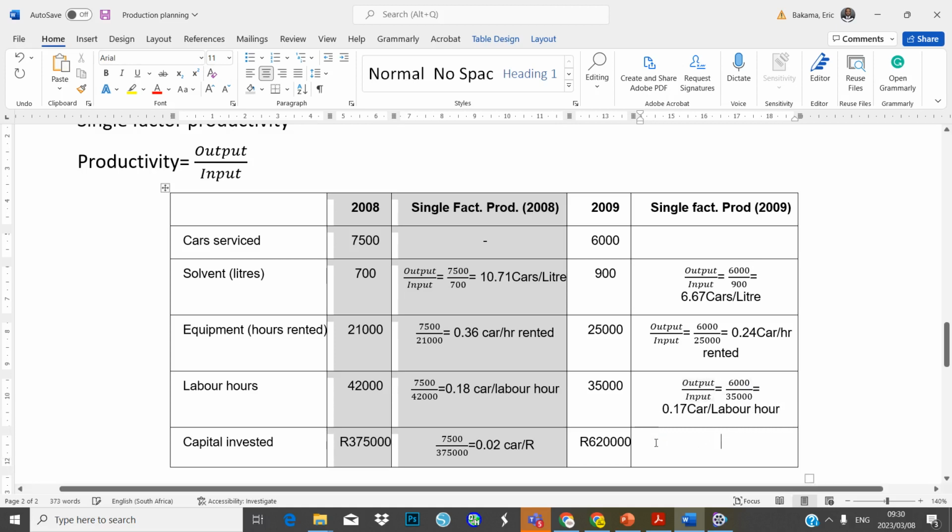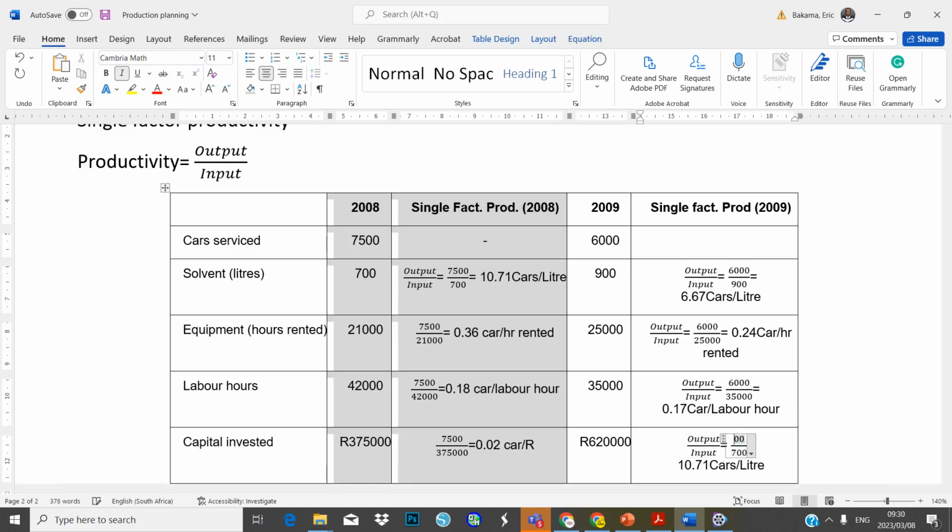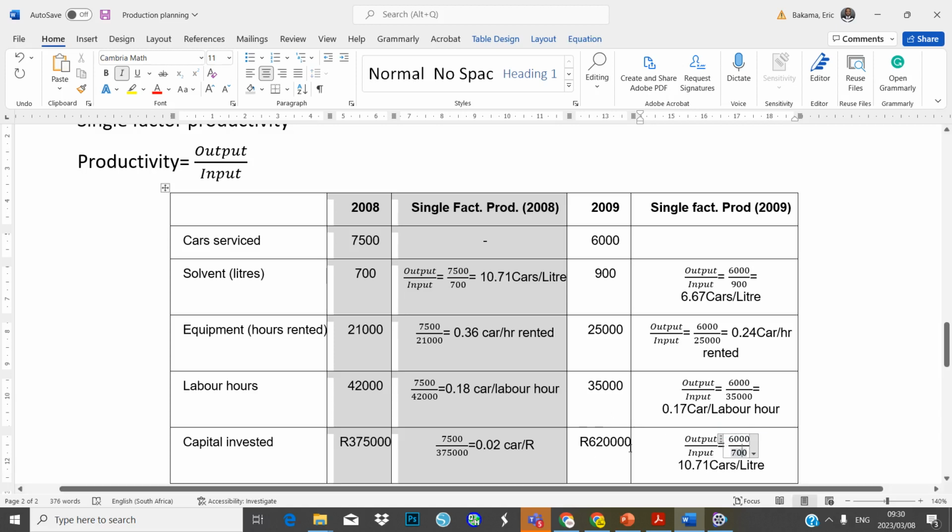Then when we look at the capital that has been invested, the formula still remains the same. We look at the output, which is 6,000, and the input in this case is going to be the capital that has been invested, which is 620,000.